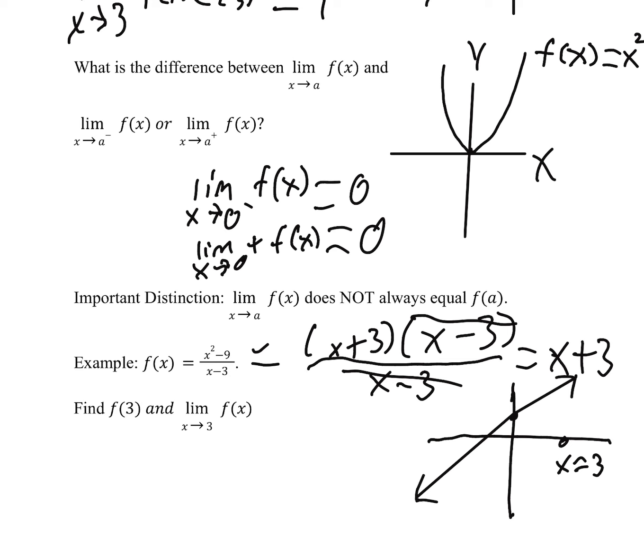So the thing with this function is if I plug in x equals 3 to the original function, what you're going to get is 3 squared minus 9 is 0, and then 3 minus 3 at the bottom here is also 0. So you have 0 over 0. Now, what we said before was if you divide by 0, we call that an indeterminate form.